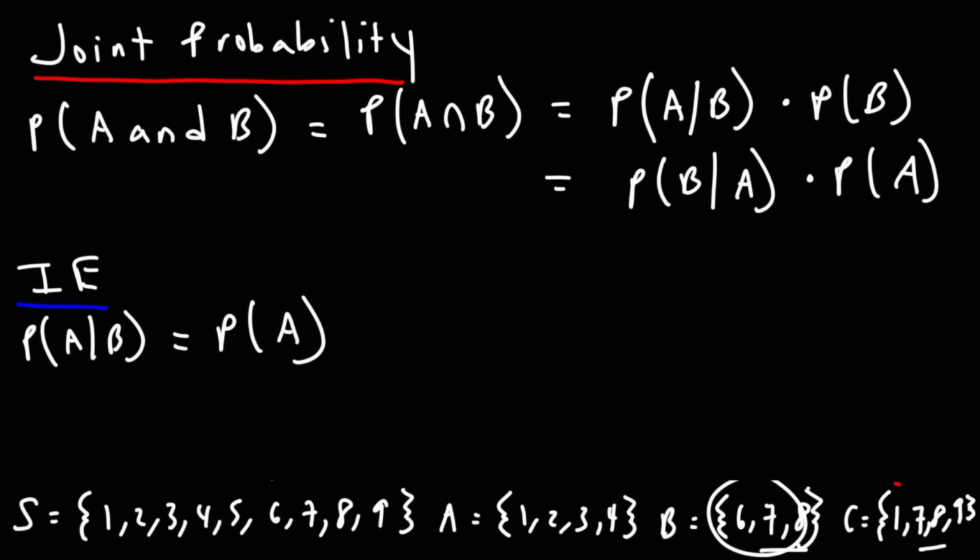If A and B are independent events, and you want to calculate the probability that event A will occur, given that event B has already occurred, well, that's just going to be equal to the probability that event A will occur, because A does not depend on B. Likewise, the probability that event B will occur, given that event A has already occurred, is simply equal to the probability that event B will occur, because event B does not depend on event A.